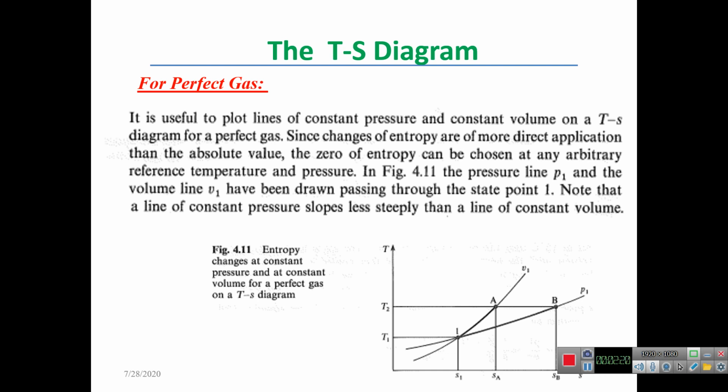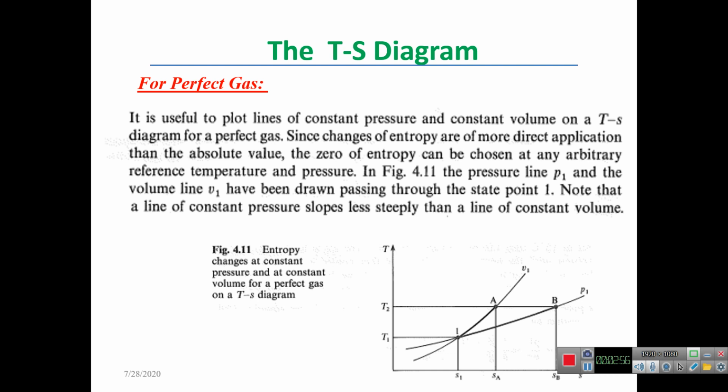State 1 is represented by entropy S1 and temperature T1. The constant volume line V1 passes through 1 and through A, and the constant pressure line passes through point B and through point 1. The temperatures at A and B are equal, and they are both given by T2. At A we have entropy SA, and at B we have entropy SB.